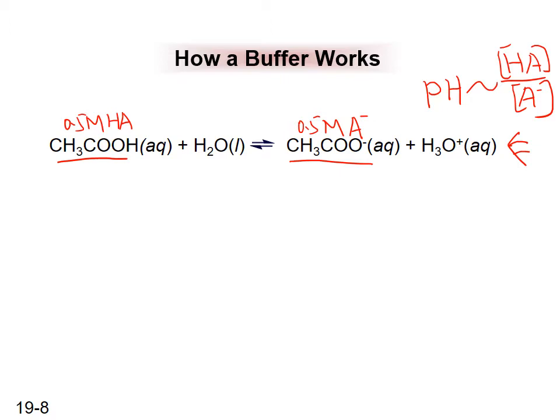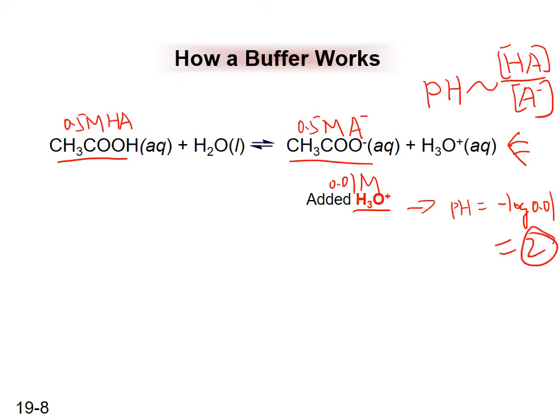Now, suppose we add a small amount of hydronium ion into the solution. Let's say you have 0.01 molarity hydronium ion. Even though this is a small amount, if you add it to a non-buffer solution, the pH value will change greatly. We can calculate pH equals negative log hydronium ion, which is 0.01, and that gives you 2.